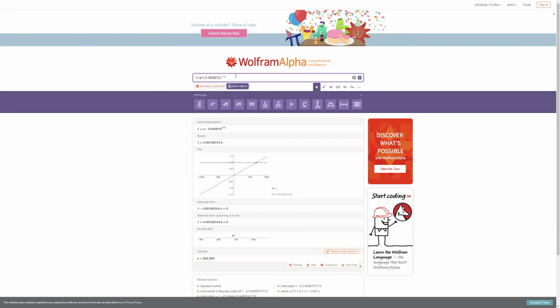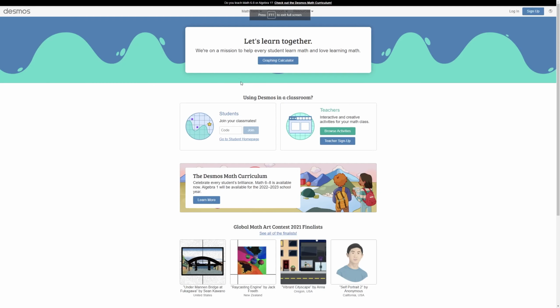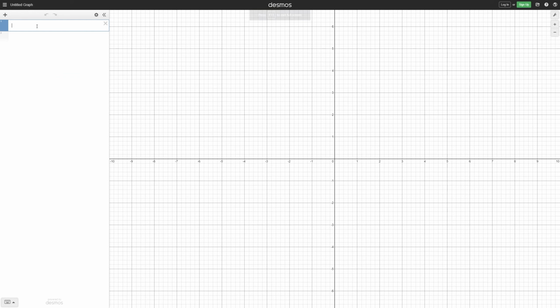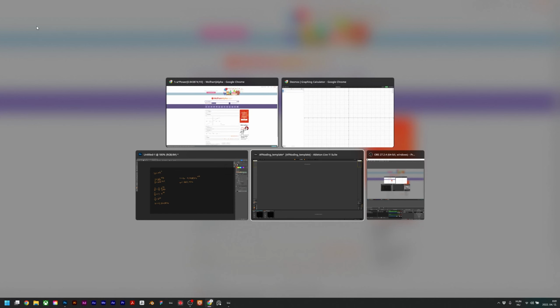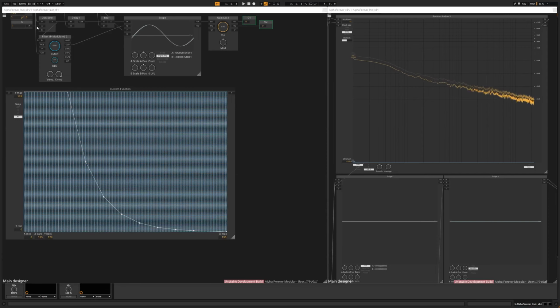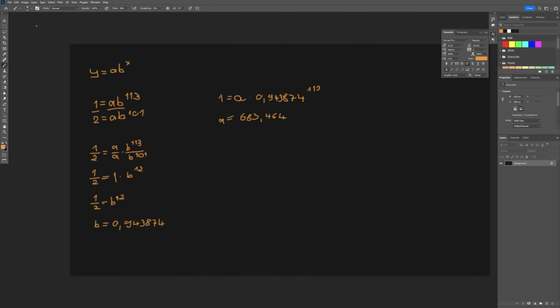And let's put this into Desmos. See if this is right. So y equals, what is our A value? Sorry, it's here.